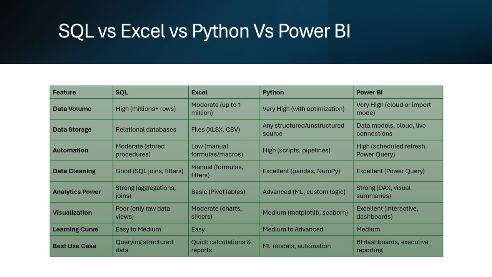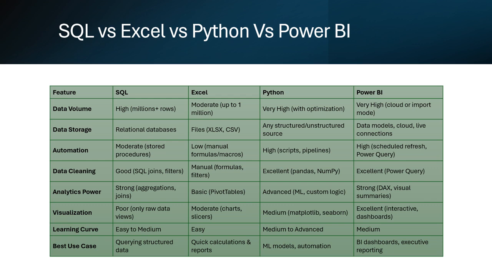Excel is basic, with pivot tables and other charts. In Python, the analytics power is advanced; we use machine learning and custom logic. In Power BI, it's a bit stronger; we use DAX and visual summaries, and there's also the functionality of embedding Python analysis in Power BI.